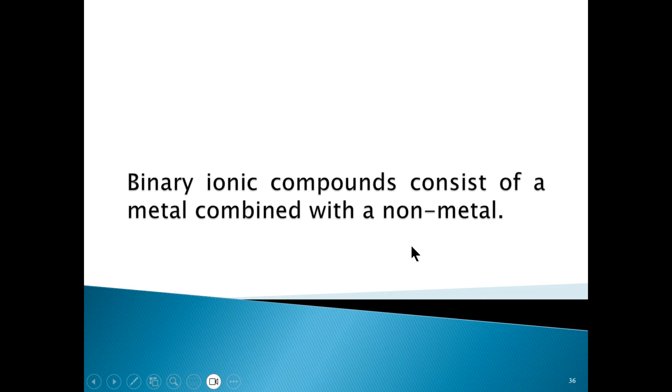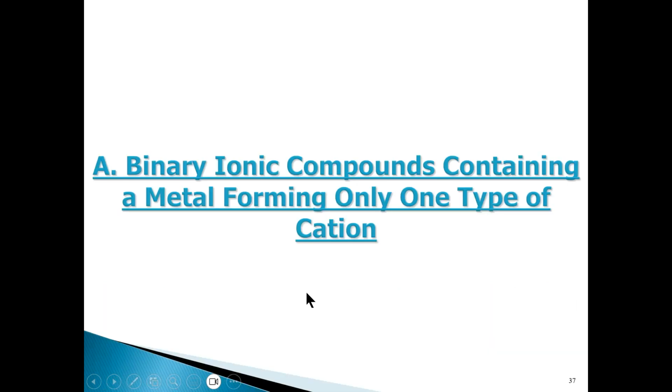And the rules we're going to discuss here deal with how we name them. Now, we're going to divide this discussion into two sections. One section where we're talking about binary ionic compounds where the metal can form only one type of cation, and then the next section where we'll talk about naming binary ionic compounds where the metal can form more than one type of cation.